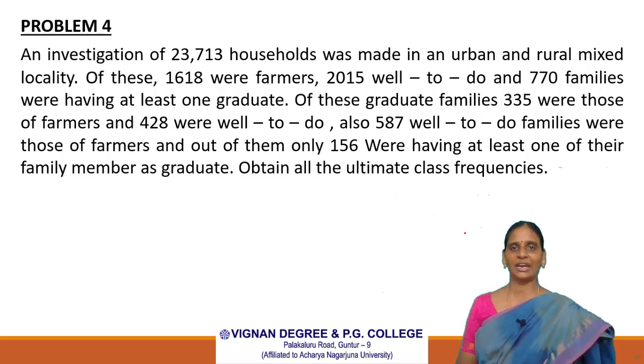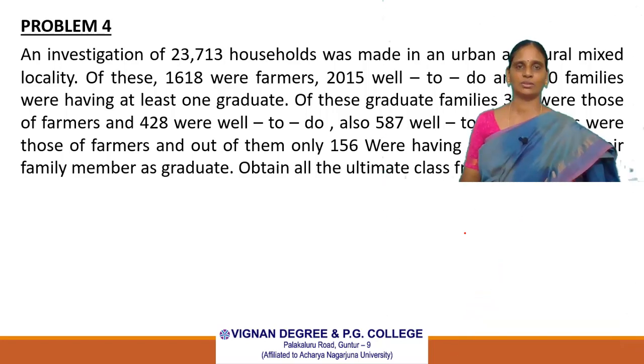Also, 587 well-to-do families were those of farmers, and out of them, only 156 were having at least one of their family member as graduate. Now we have to find out all the ultimate class frequencies of the given problem. So now the solution.